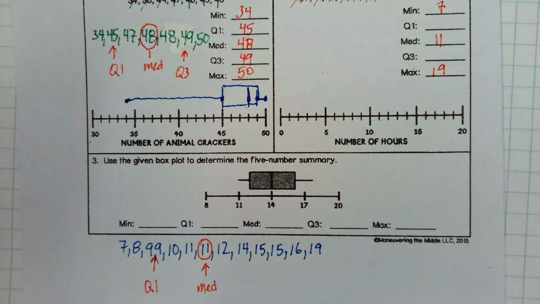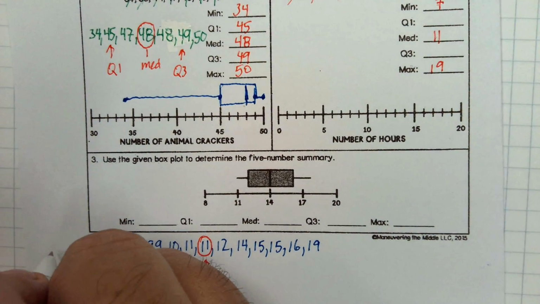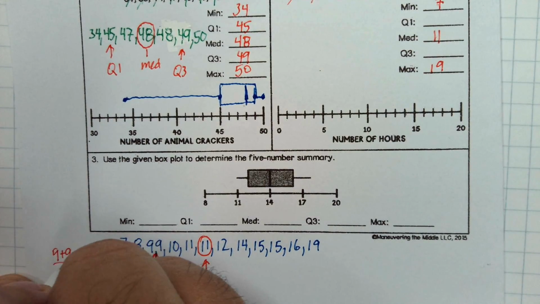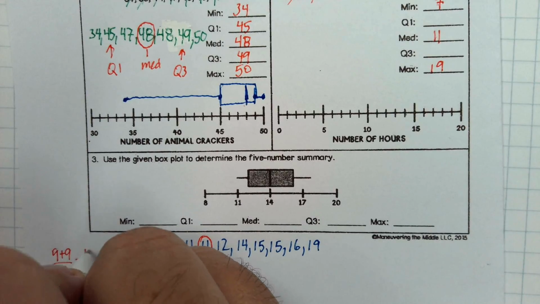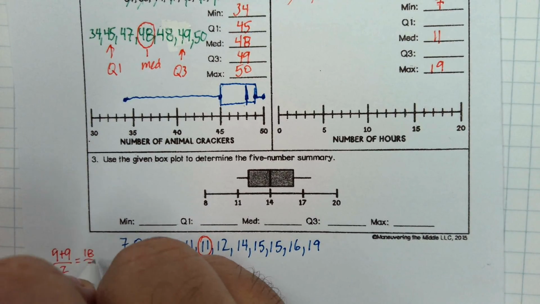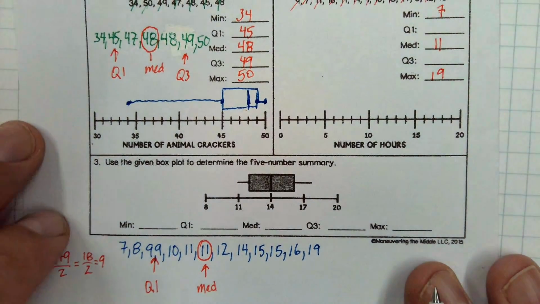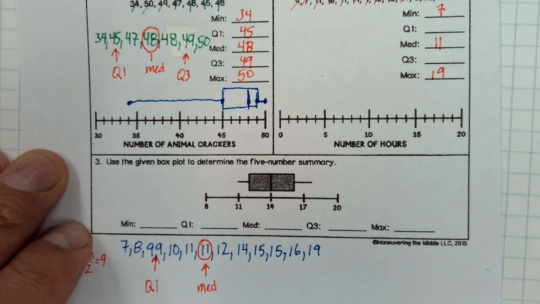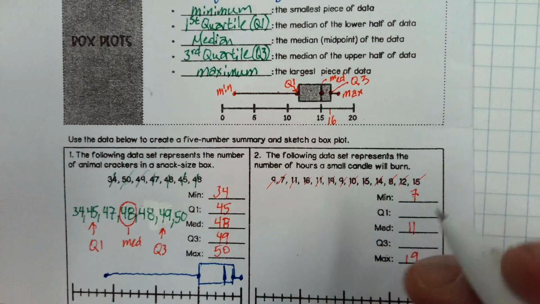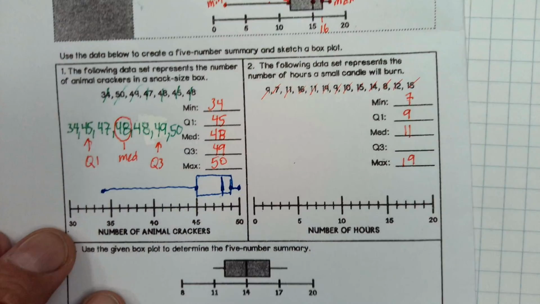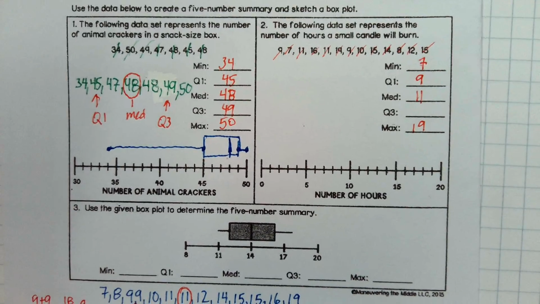So what's between 9 and 9? 9. If you're not sure, you can do that little trick we talked about for finding medians. You add the 2 numbers and divide by 2. This would give us 18 divided by 2, which is 9. So it is 9. But you just use common sense. Between 9 and 9, there's nothing there other than 9. So it's 9.